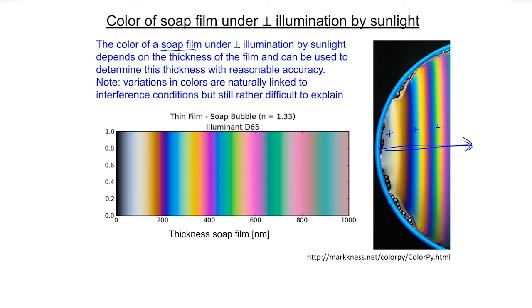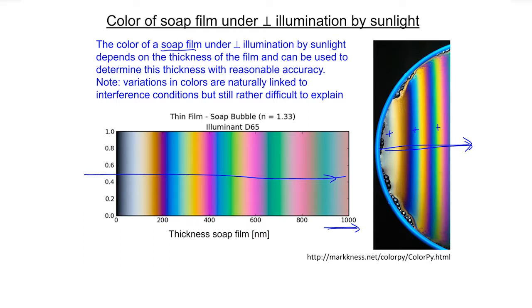And the statement is that you can use these colors to reasonably precisely determine the thickness of the film, at least up to a point where the thickness is less than a micron, because if the film gets thicker than a micron, then the colors sort of fade out, they get blurry.